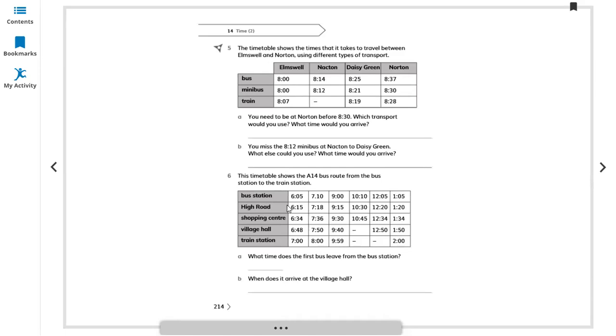We are catching this one from High Road at 6:15, and the 7 is this one. These two buses we are catching. The others are all more than 8, 9, 10, 12. So we are catching these two from High Road to the village. This is 6:15 and 7:18.